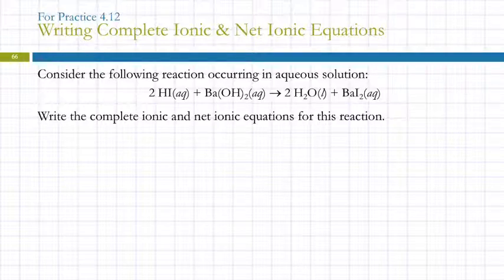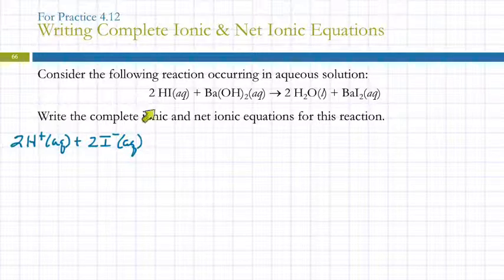So strong acid does get separated into ions. So I'm going to write those. I'm going to have 2H+ (aq) and 2I- (aq), because I have 2 of those molecules, so I'm going to get 2 hydrogen ions and 2 iodide ions.